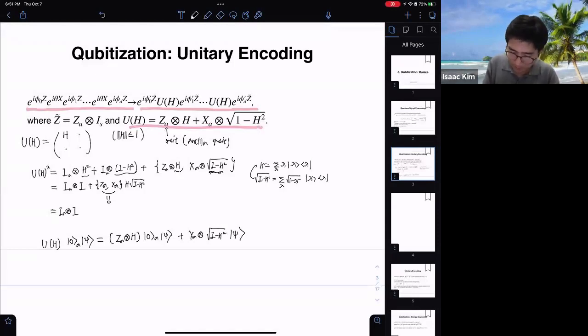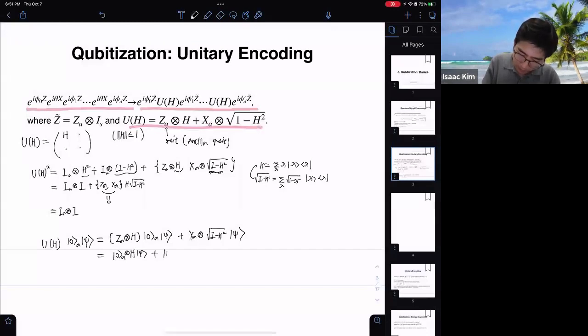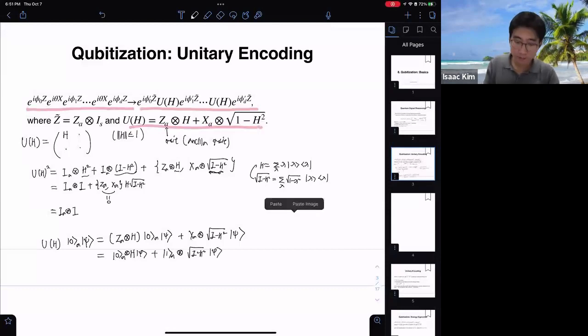If you do that, you get 0_A tensor H psi plus 1_A tensor this thing.